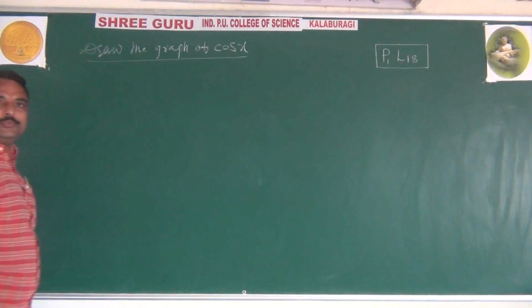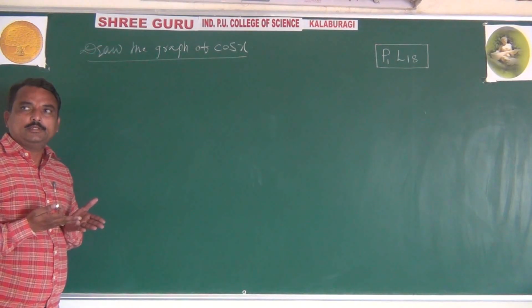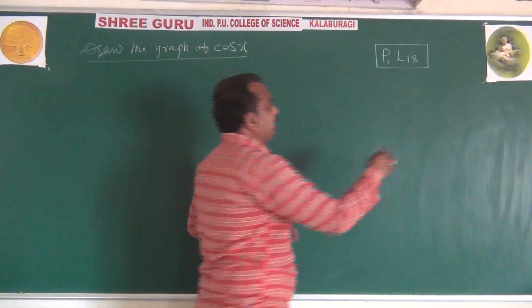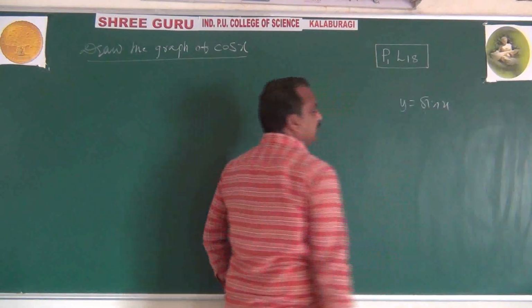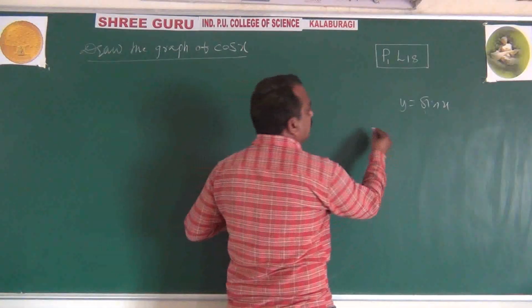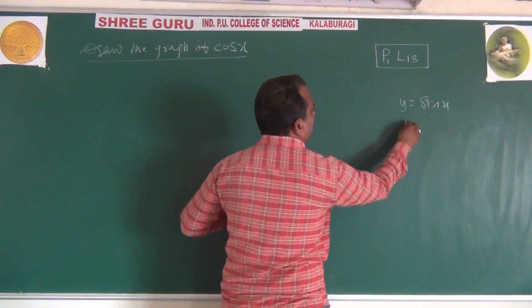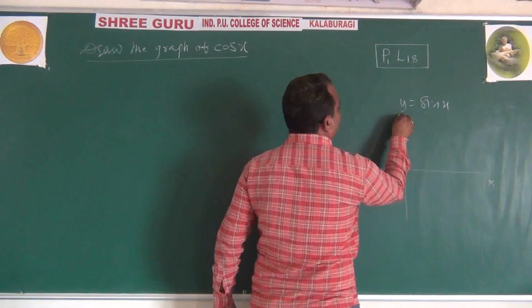As we drew the graph of sin x in the previous class, once again I recall the sin x graph. It oscillates between -1 and +1.